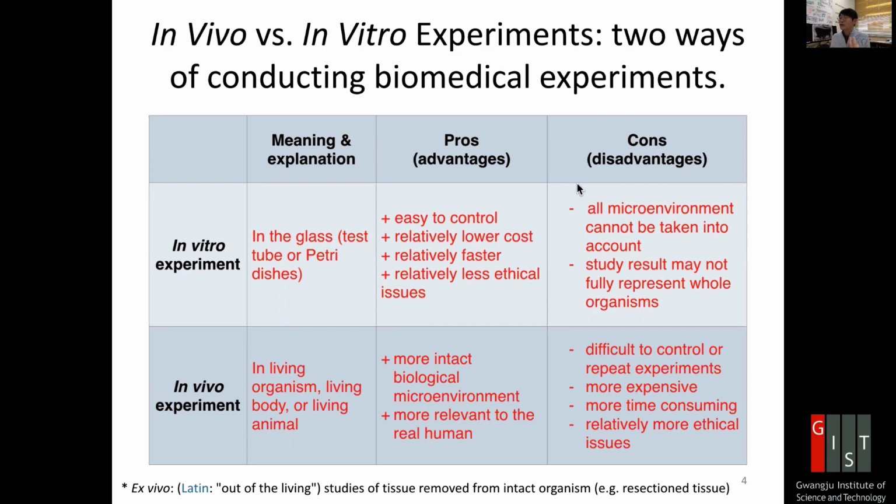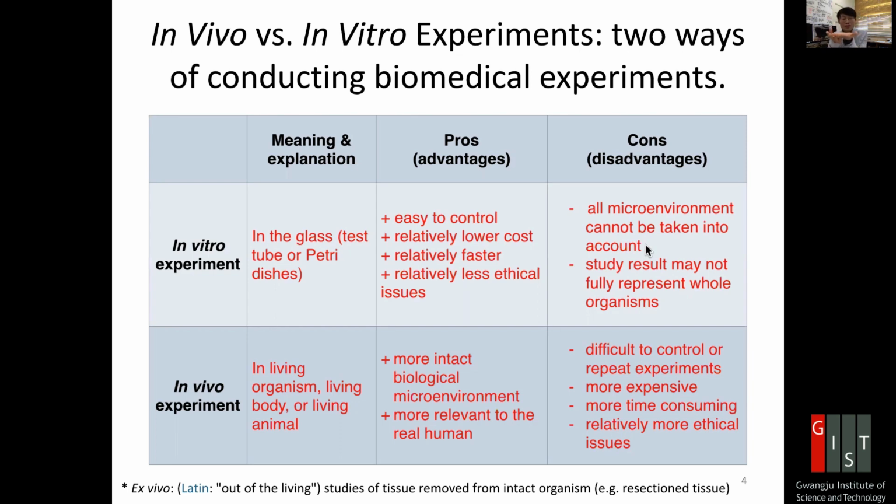So let's think about the limitations of these two approaches. In vitro approaches are easy. You see the cells growing in the media, you apply a drug to see how many cells are dying. However, this does not mimic the real microenvironment. So the whole microenvironment cannot be taken into account. For example, tumor growth requires new vessel growth from the surrounding vessels, which we discussed as angiogenesis.